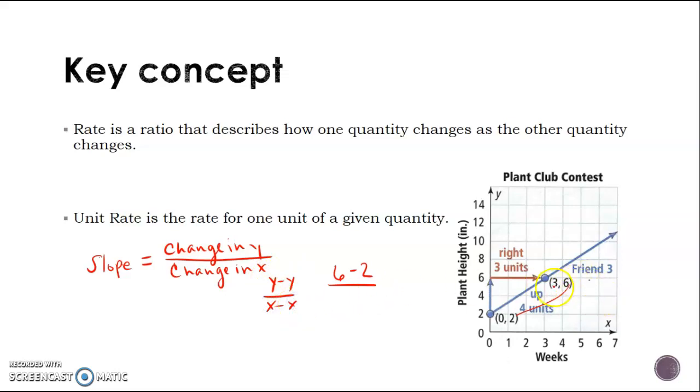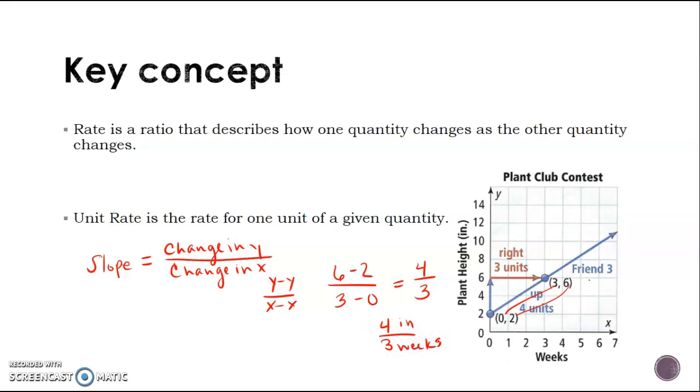So since I did 6 first, I've got to do 3 first and do 3 minus 0. Notice again our (3, 6) and our (0, 2) line up. 6 minus 2 is 4, and 3 minus 0 is 3. And so we get a rate of 4 inches every 3 weeks.